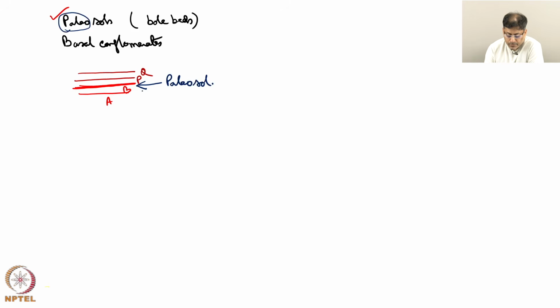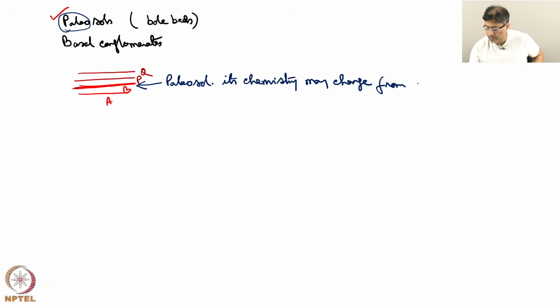Now, obviously, this paleosol, between when it was deposited and the present time, there must have been some chemical alterations because groundwater leaching, groundwater movement might have changed the chemistry of this paleosol. So, its chemistry may change from its initial one.